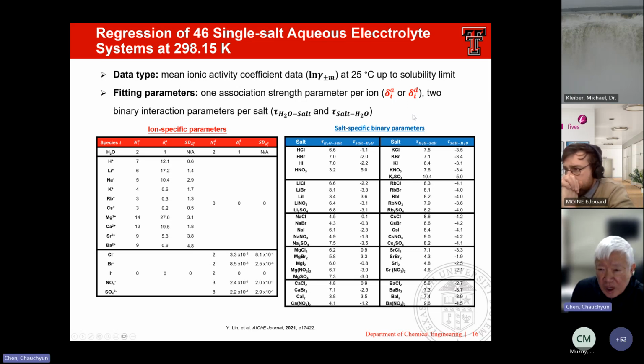And of course, we still have the NRTL term there, and therefore the tau ij's for the NRTL parameter. So that means for single electrolytes, we have 3 parameters: 2 salt-specific parameters, and 1 ion-specific parameter for each ion.